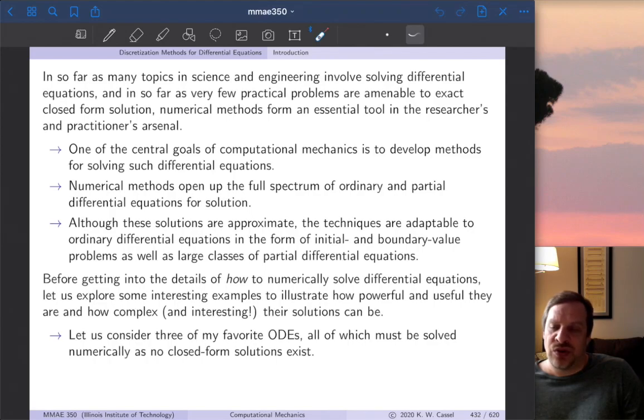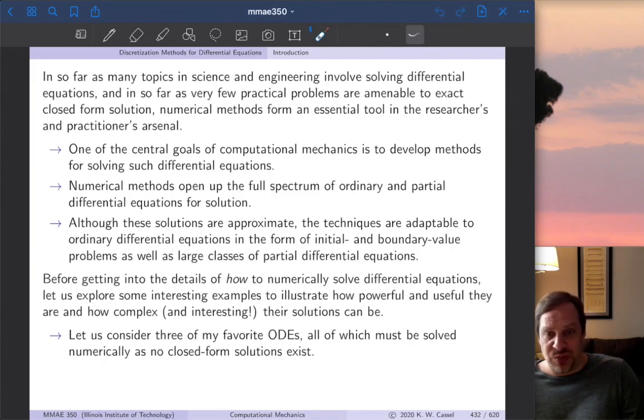In Math 252 you learn various techniques for getting exact solutions, which we call closed form solutions, and there are very, very few situations where the real equations that govern real physics and real engineering systems can be solved analytically or exactly in that way. So numerical methods really become an essential tool for us, and more often than not, when we're solving differential equations, whether in a research setting or an industrial setting, they're normally being solved numerically.